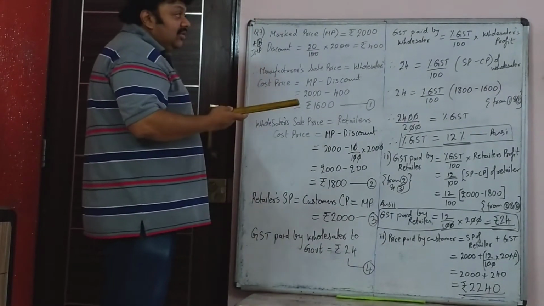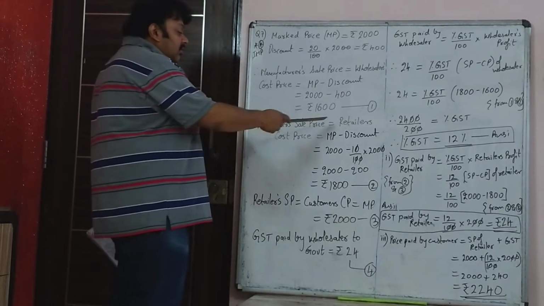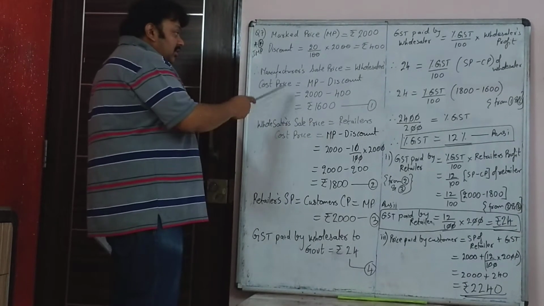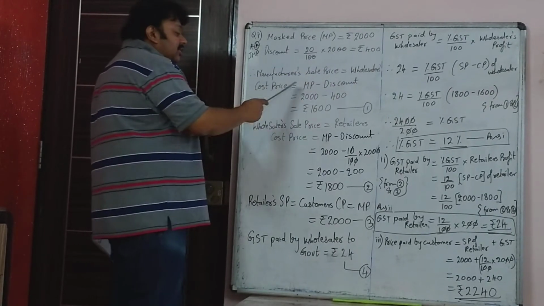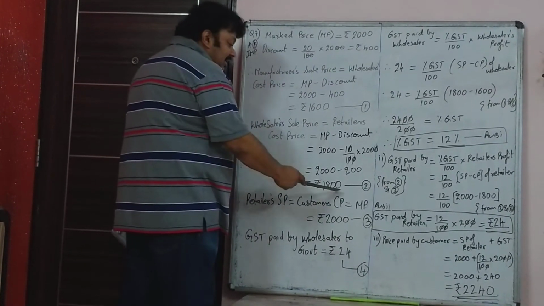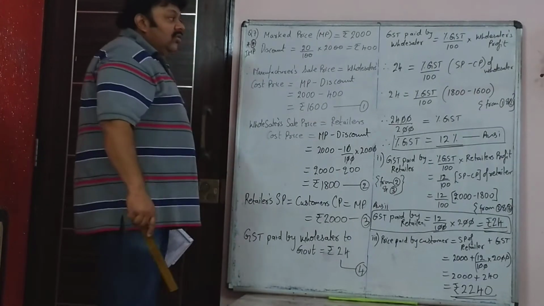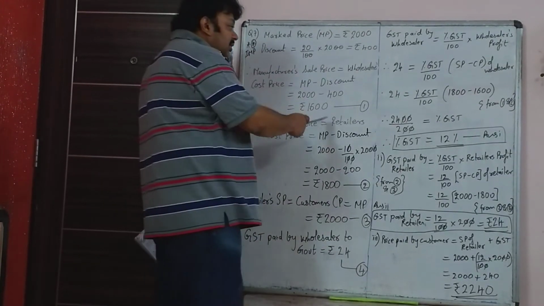So what is the wholesaler's profit? It is the wholesaler's SP minus the wholesaler's CP.